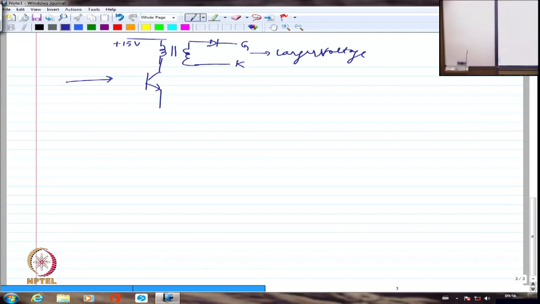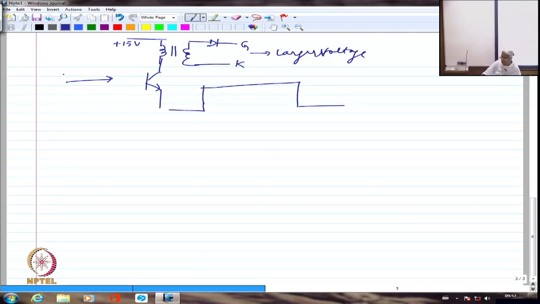So I want isolation between the two. That's the reason I am using a pulse transformer. The pulse transformer will isolate the ground of the microelectronic side from the power side. But because I'm using a transformer, I can't afford to give a pulse which is continuous like this. It will saturate.